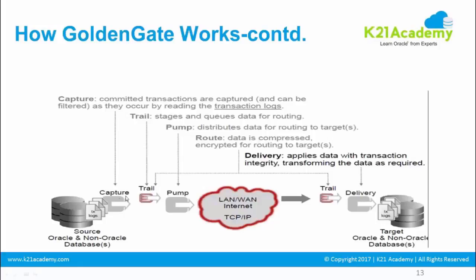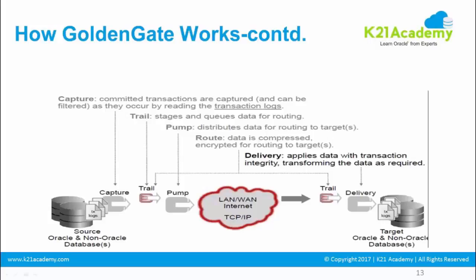You need to keep in mind your transaction logs contain committed as well as uncommitted data. However, the GoldenGate capture process captures only committed transactions. It does not capture uncommitted transactions. So the capture process reads your transaction logs in sequential manner and captures the committed transactions.